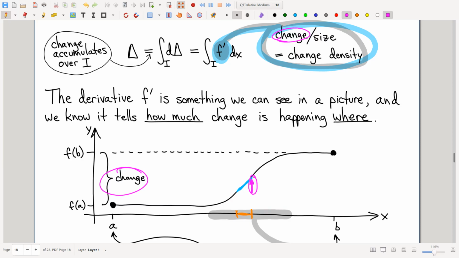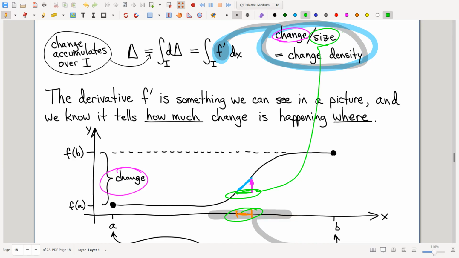And then, okay, fine, let's look at the run. What's the run? The run is that distance there, and that, of course, is the size of that little piece of the domain that I'm looking at.